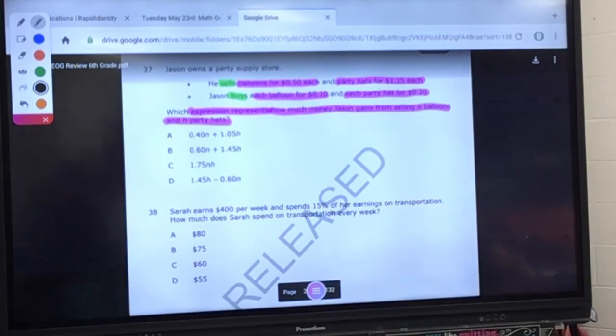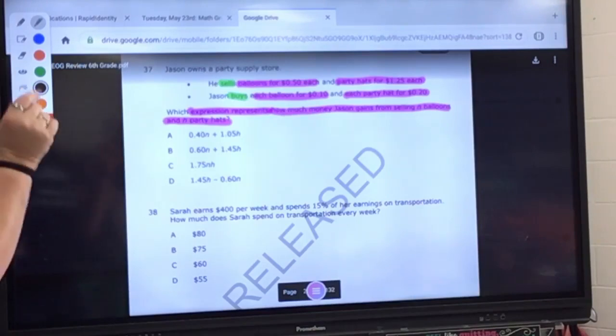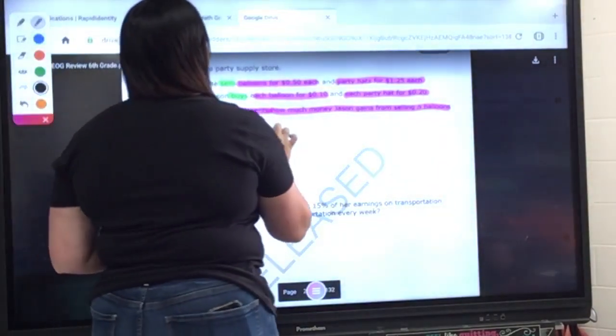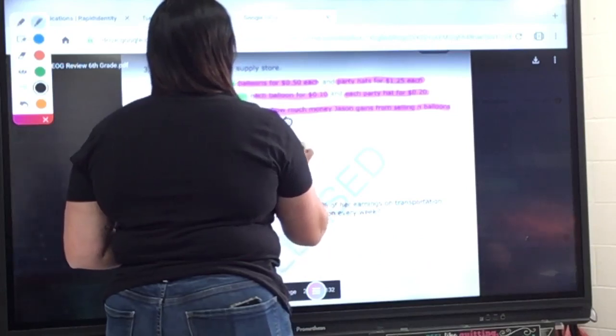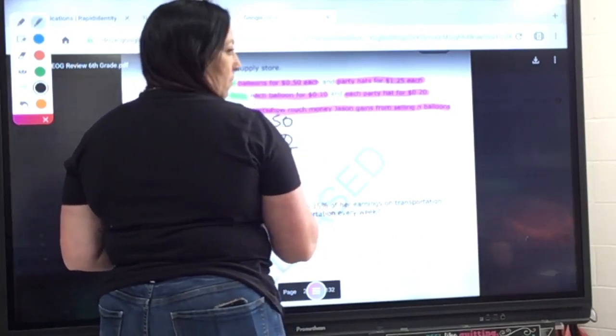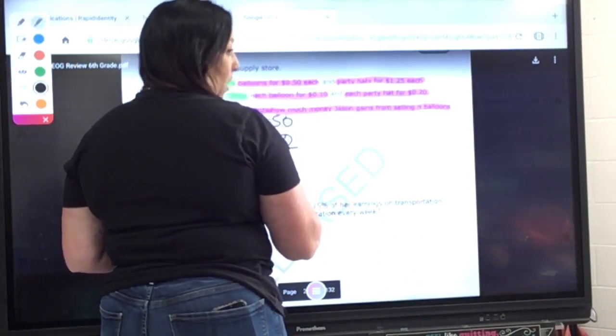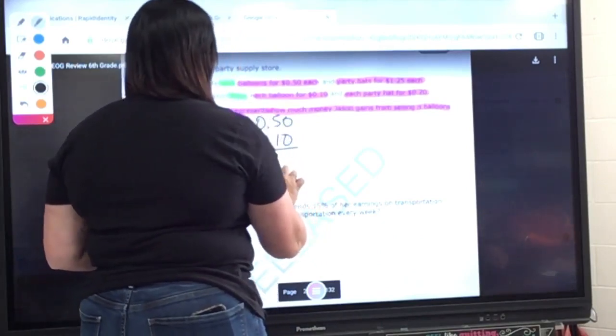We can subtract the cost when he buys each balloon and party hat from that when he's selling them. Why would we do that? Because when we subtract it, we will find the profit that he would make. Yes, that is 100% correct.